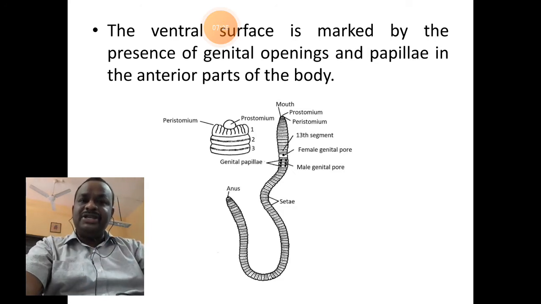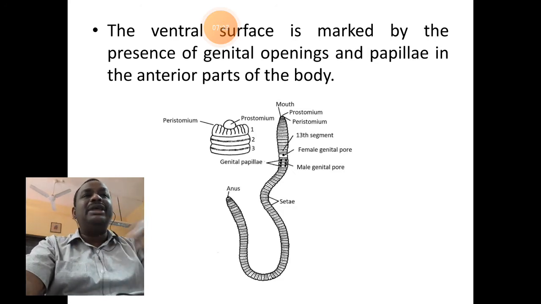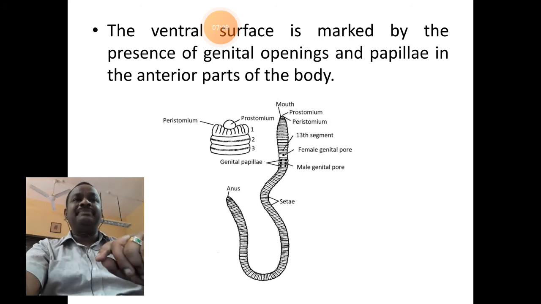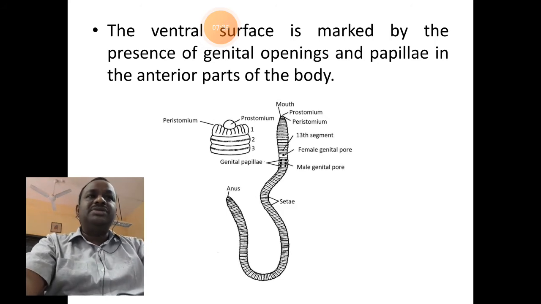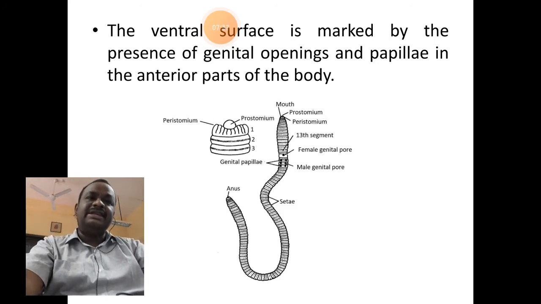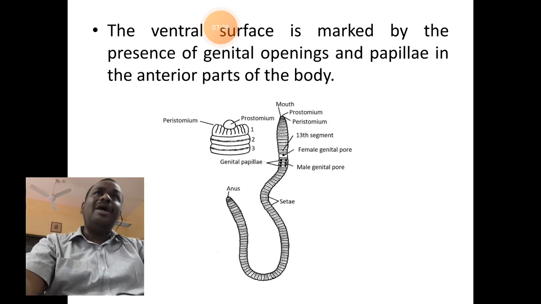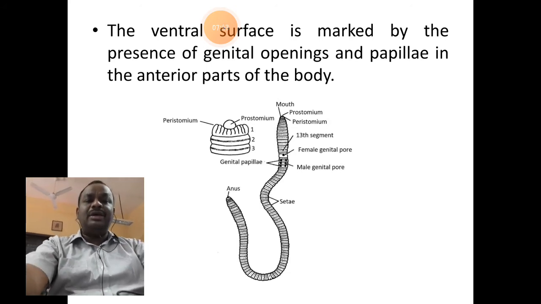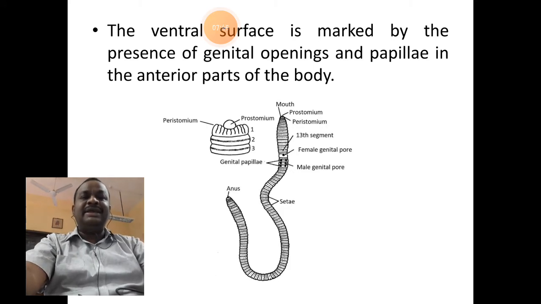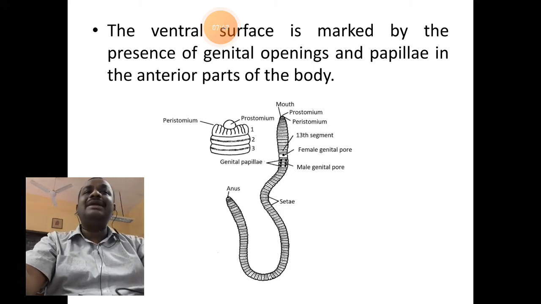And towards the posterior-most end, we find the opening of the anus. So, the body has major openings or apertures, which include the mouth, the genital openings, and the anus, which are all almost situated towards the ventral surface. So, based on the openings of the body, we can easily demarcate which surface belongs to the ventral side.